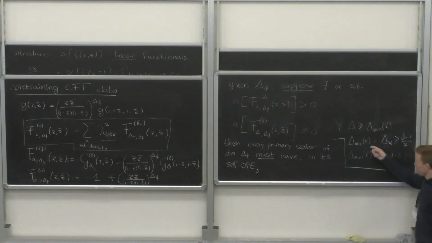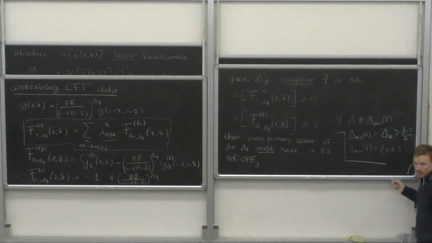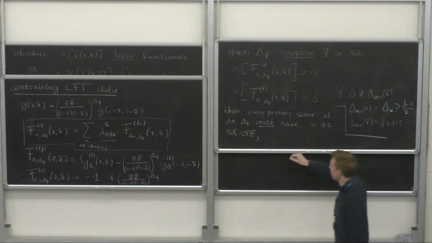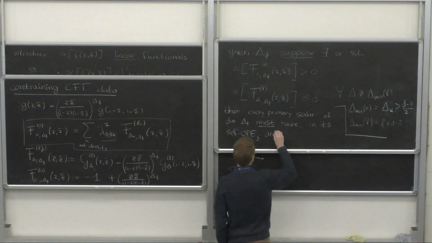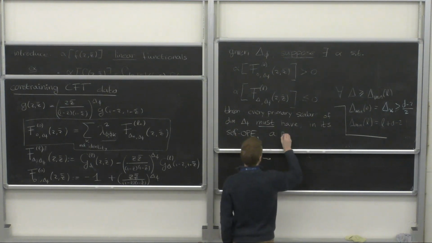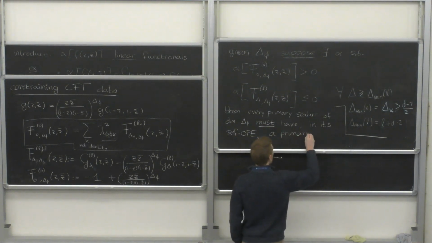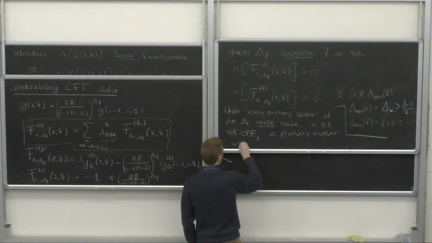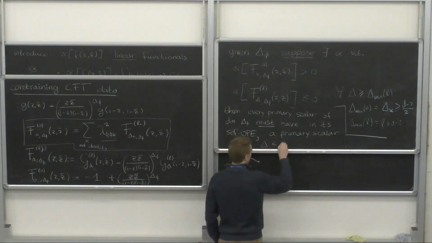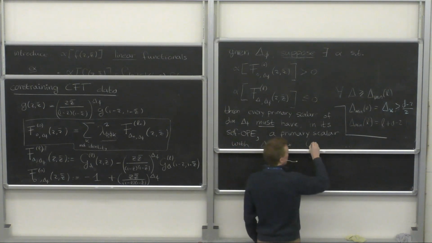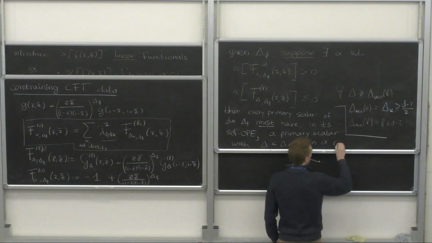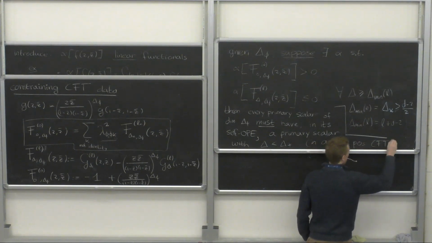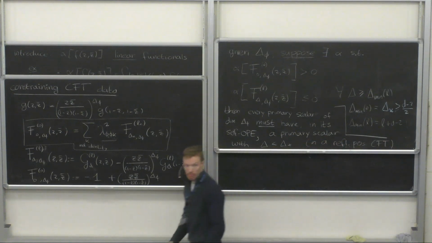There must be a scalar with dimension less than delta star. So every primary scalar must have in its self-OPE another primary scalar with dimension less than delta star in a reflection positive CFT. So that is the statement I can make.